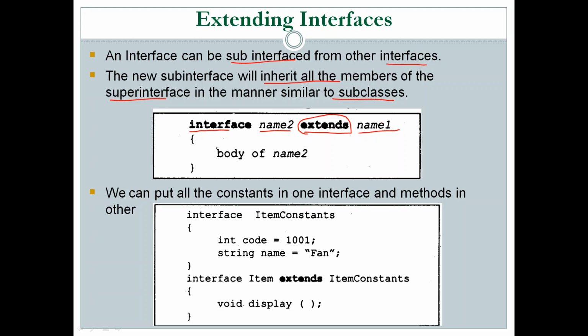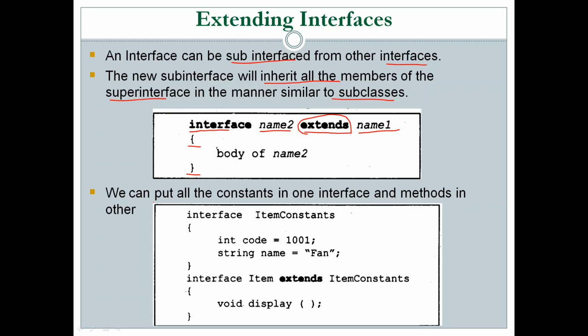So this simply means the interface name2 is extending, or inheriting from, interface name1. So name1 is a super interface and name2 is a sub interface, and we have the body of the name2 interface.